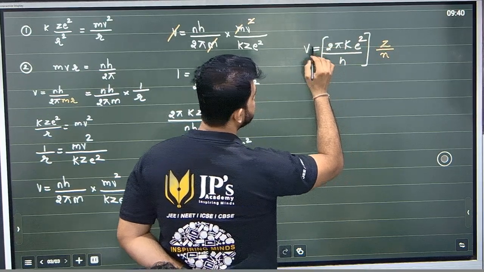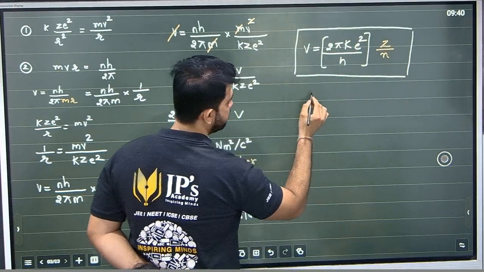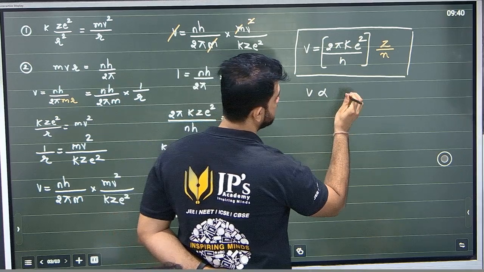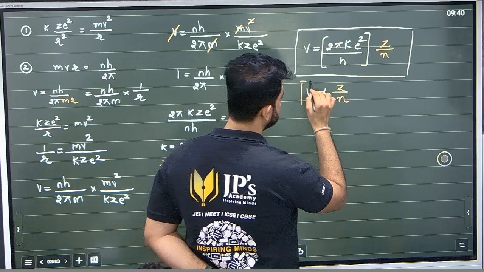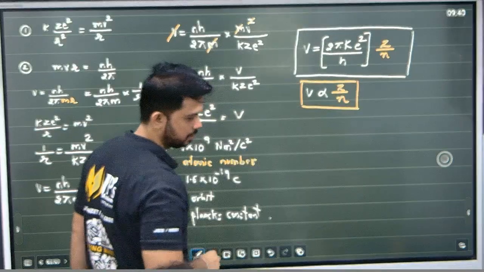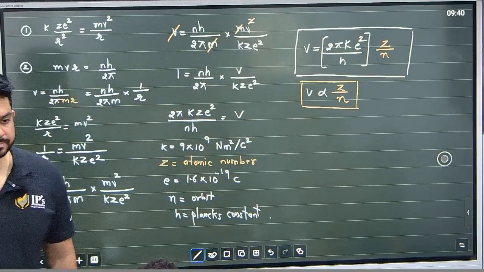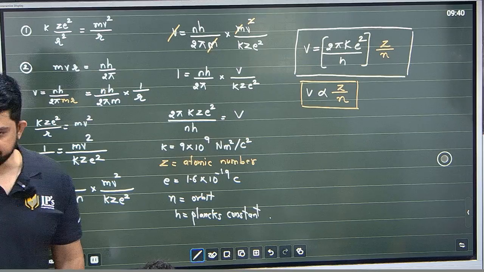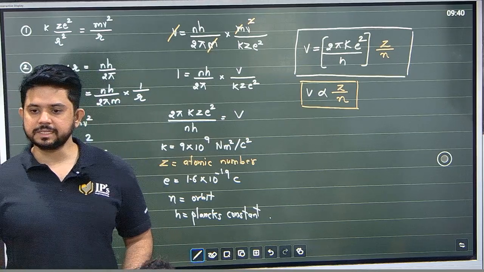This entire term is a constant, or you can say velocity is directly proportional to atomic number and inversely proportional to the orbit number. So I have a question. Which electron is moving faster? The electron present in the first orbit or the electron present in the second orbit?